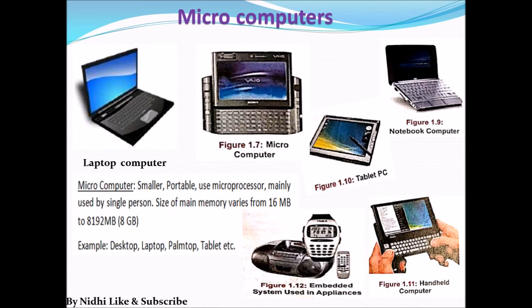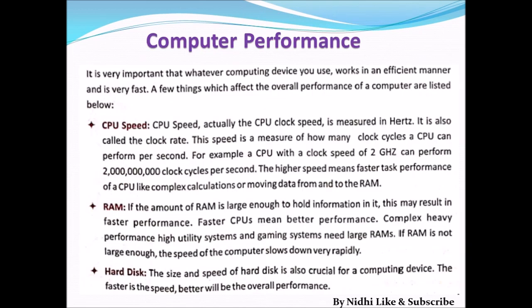Now next we are talking about computer performance. Computer performance means the things that are related to the performance of a computer. CPU speed is the main measurement of computer performance, and CPU speed is measured in hertz. We already discussed that it is the clock rate that measures the CPU speed.